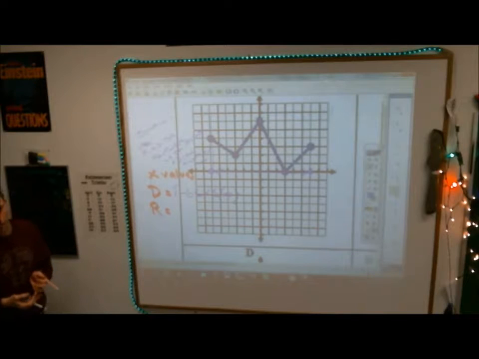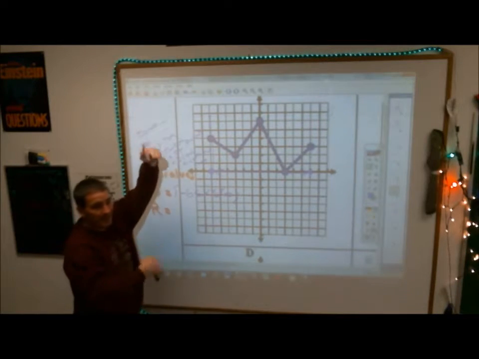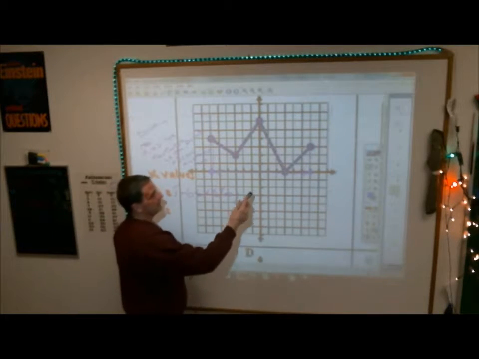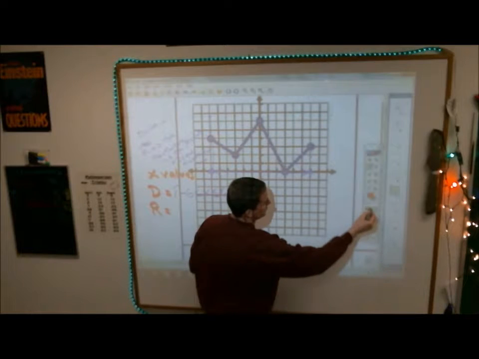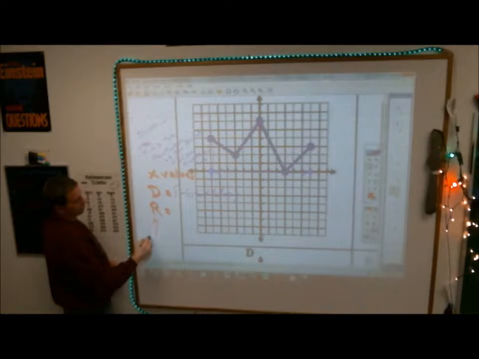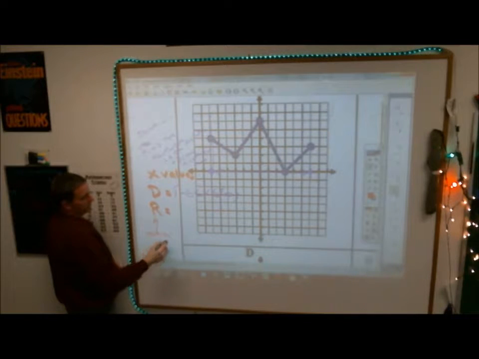Guess what you do for the range? The range is really how far up and down it can go. So you look at, okay, what's the lowest point on the graph? And here's where you draw horizontal lines. The range is horizontal from low and high.